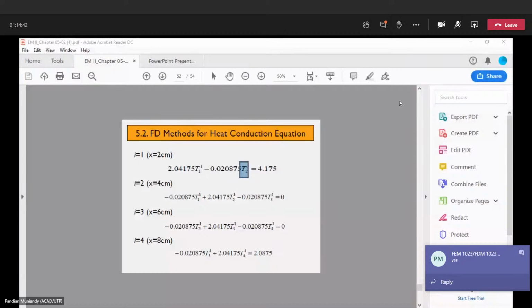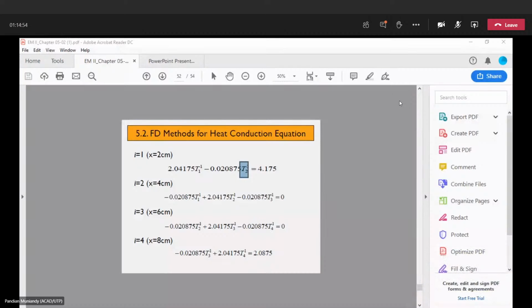T14, 2.0875 plus 0.020875. T13 is 0.01067. Sorry, class. Divided by 2.04175. Please correct, yeah? T14.